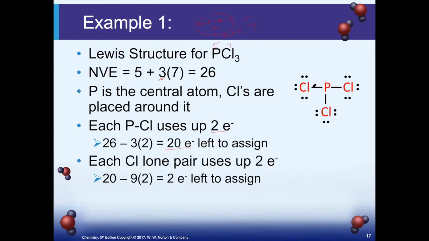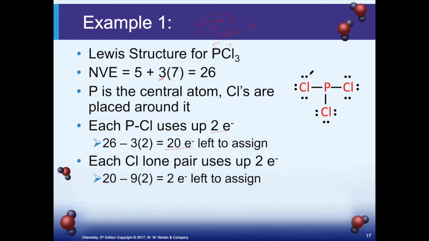So those 2 electrons go with the chlorine when I'm counting electrons on the chlorine. So this chlorine has 2, 4, 6, 8. This chlorine has 2, 4, 6, 8. Since these electrons are shared, I can count them as going with the chlorine. And when we get to the phosphorus, we'll count them as going with the phosphorus also.